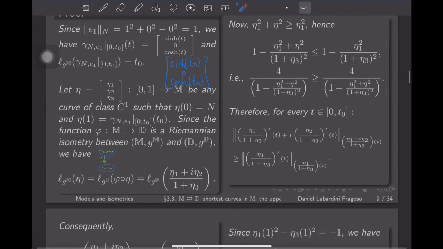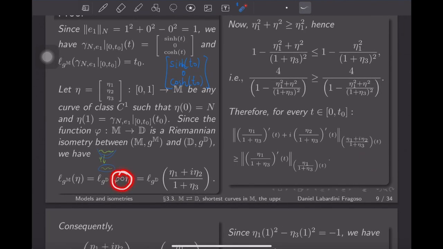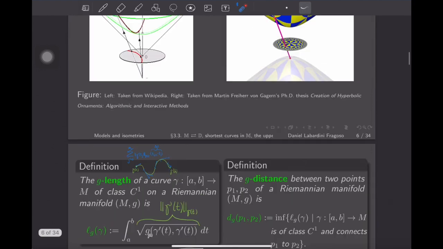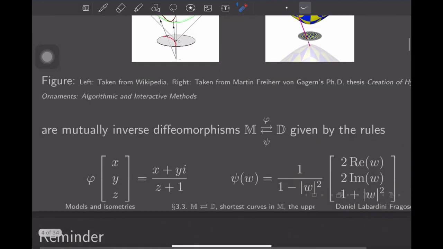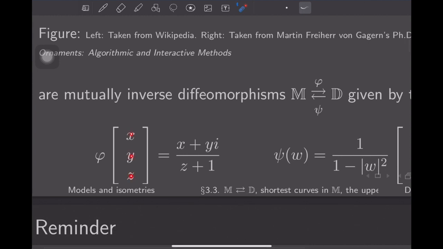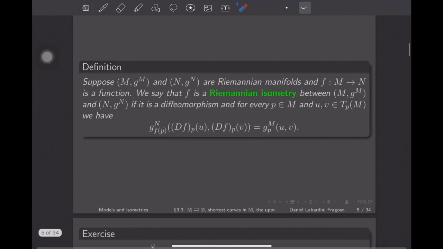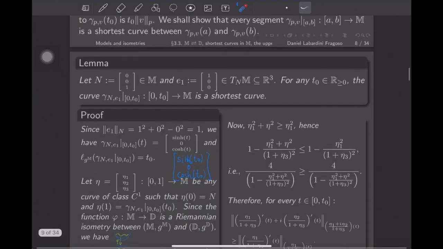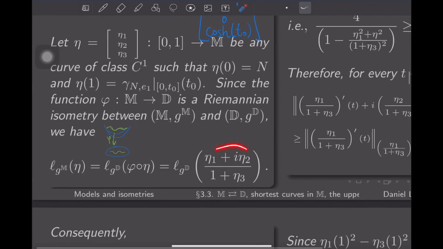Okay, and now in terms of these three entries, what's this? So I go back to the formulas, and you see phi of an ordered triple has to be x plus yi, and then divided by this one plus 1. So that's why I write here this one plus this one divided by this one plus 1, but as functions.